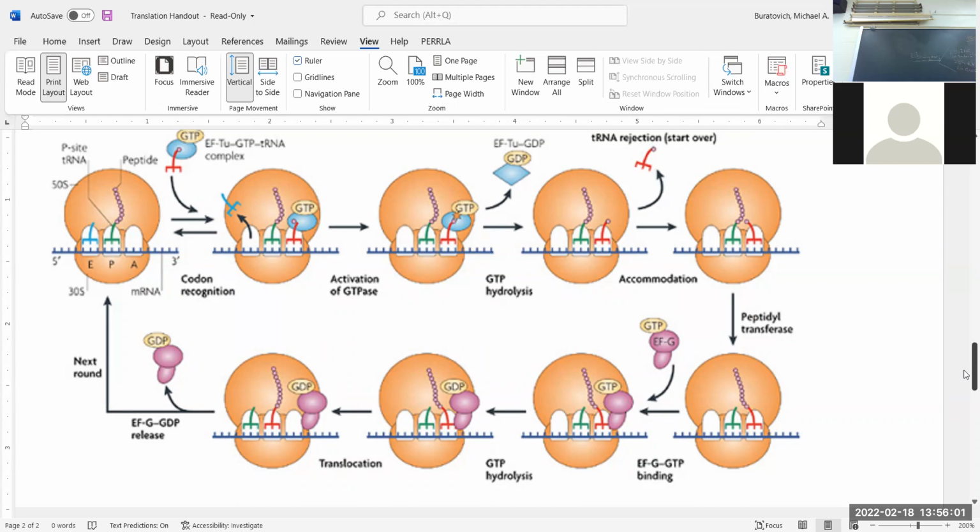Since you don't have a proper tRNA that binds to that site, instead, you have a protein called a release factor. So the release factor will also bind.